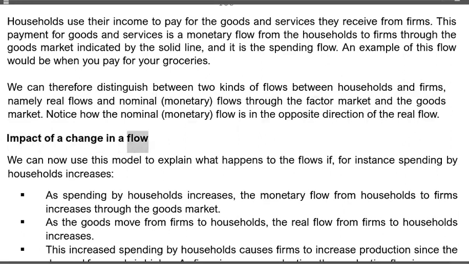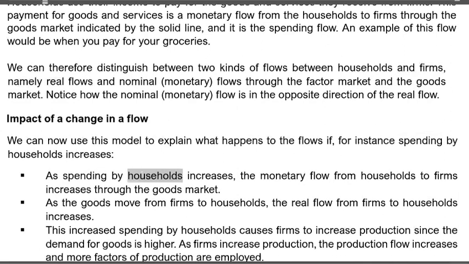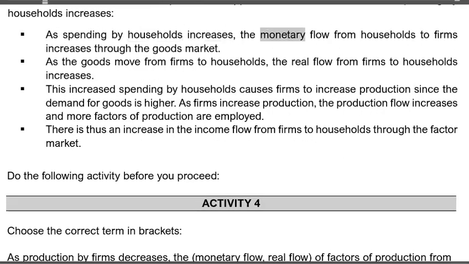Impact of a change in a flow. We can now use this model to explain what happens to the flows if, for instance, spending by households increases. As spending by households increases, the monetary flow from households to firms increases through the goods market. As the goods move from firms to households, the real flow from firms to households increases.